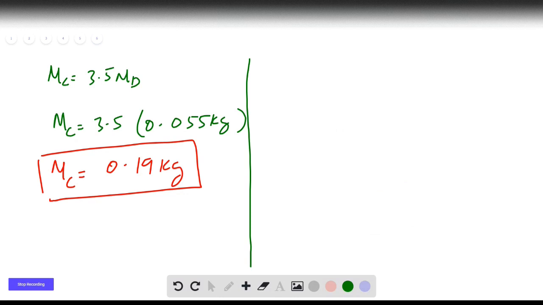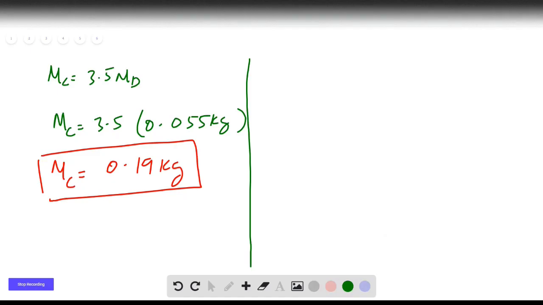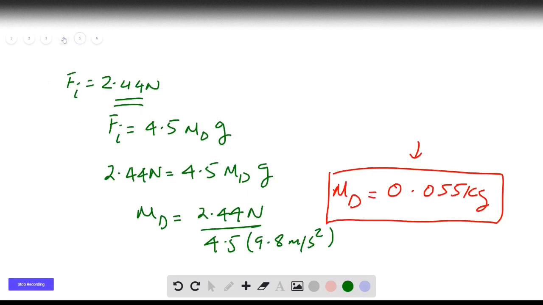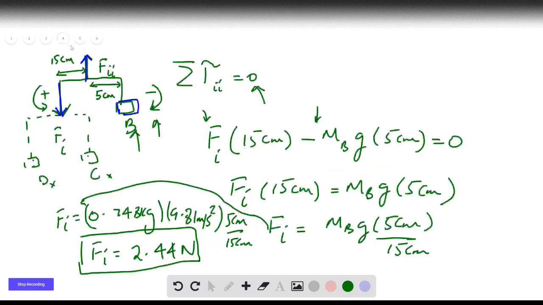But before, so we have MC, and then we also have MD, and we don't have F2 yet, but we need to solve for F2. If you go back to slide number 4, you see where F2 is.